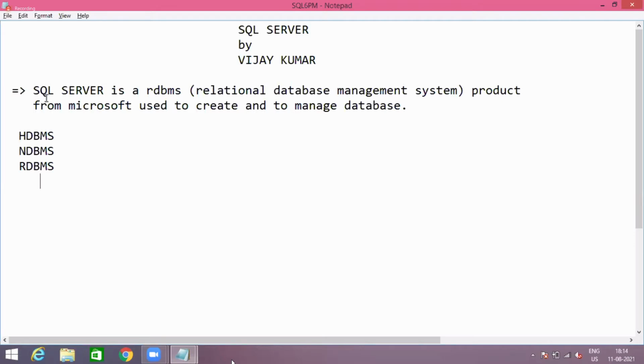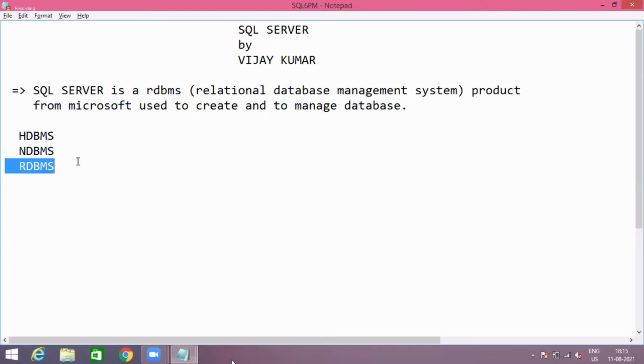Microsoft introduced SQL Server. Oracle introduced Oracle. IBM introduced DB2. A number of companies introduced their RDBMS products, and a number of clients started using them. Earlier, these systems were complex, so only a few companies used databases.